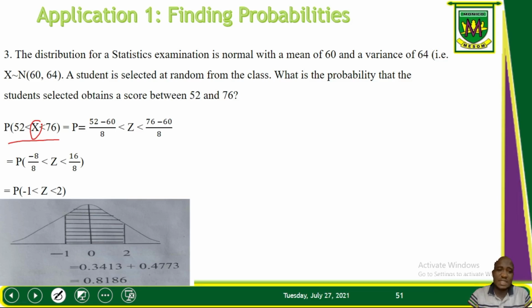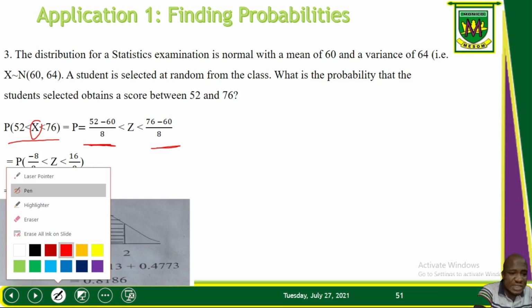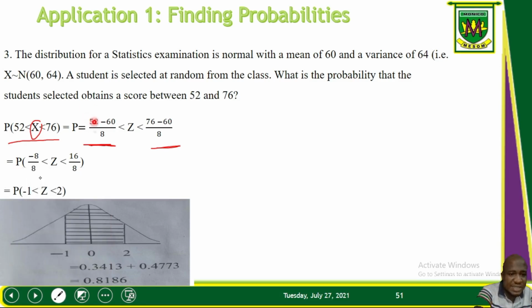So we will use the z-score formula. The same z-score formula will be repeated for both parts, for the below and the above. The first part is at the left side and the second part at the right side, which is x minus the mean over the standard deviation.